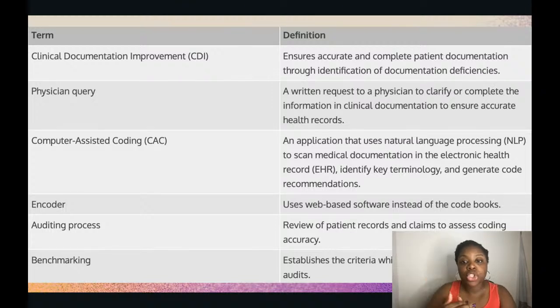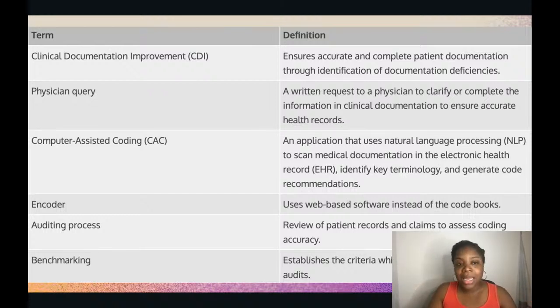So maybe your benchmark is that the accuracy levels are at 90%. You need to have some type of standard that you're either trying to meet or trying to exceed when it comes to doing an audit. The terminology for establishing those criteria is classified as benchmarking.